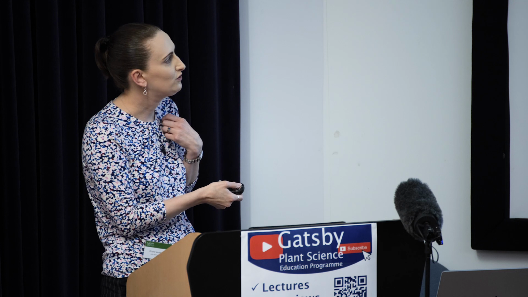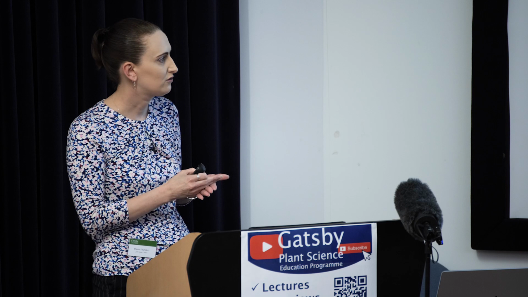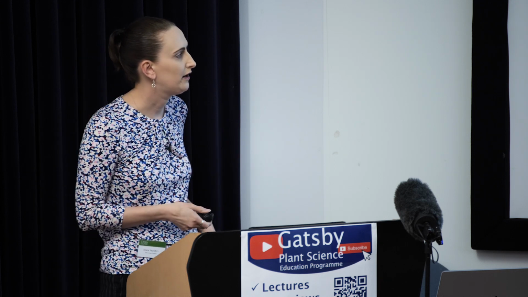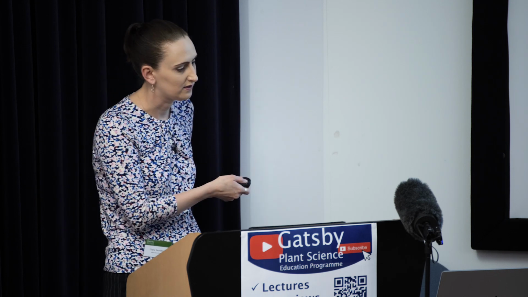We can make mutants in order to work out whether our theory is correct. Ultimately, we're trying to find genes whose function we can disrupt by working out which elements are required by the fungus to cause disease. And if we disrupt their function, we could potentially get a resistant plant, and that would be very valuable for plant breeding to improve disease resistance.